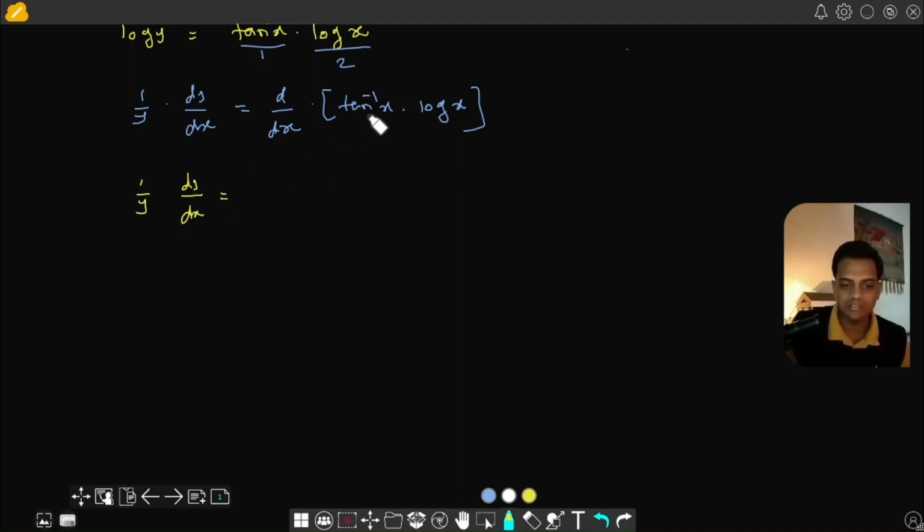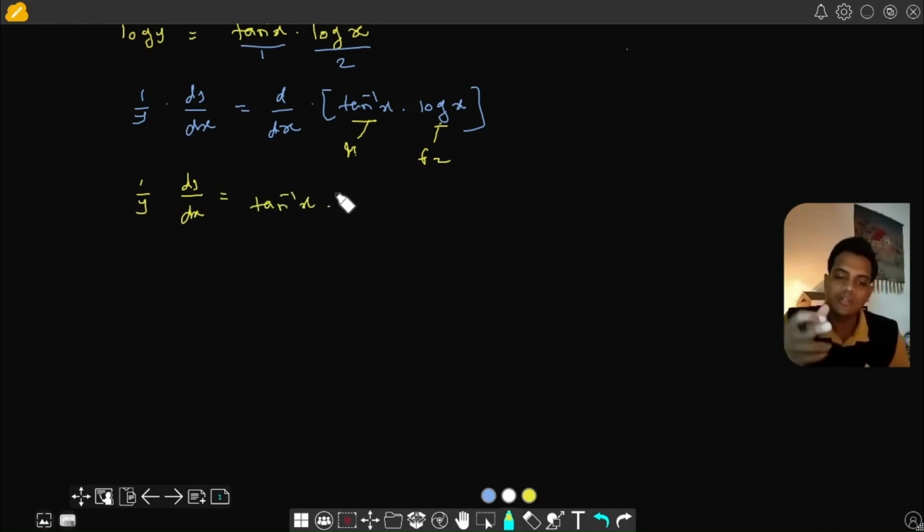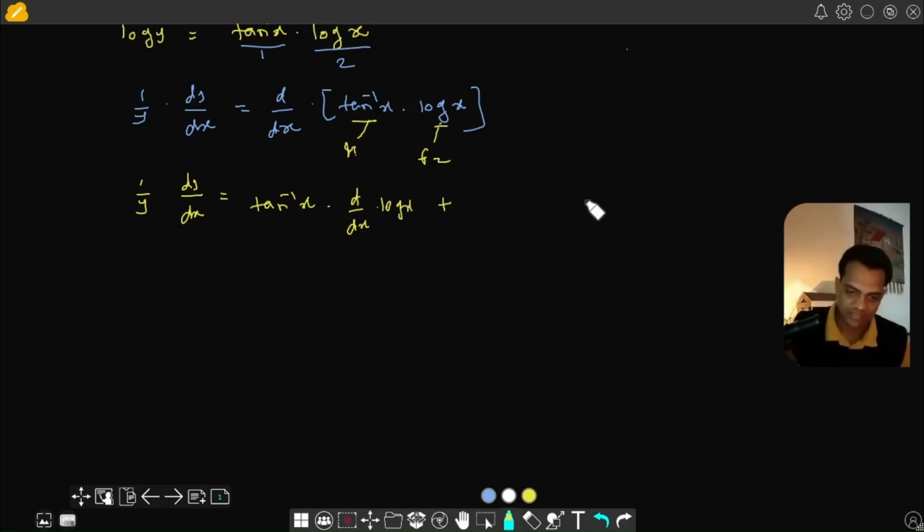For the two functions in multiplication, the first function we keep as it is, into the derivative of the second function, which is log of x, plus the second function, log of x, as it is, into the derivative of the first function, tan inverse of x.